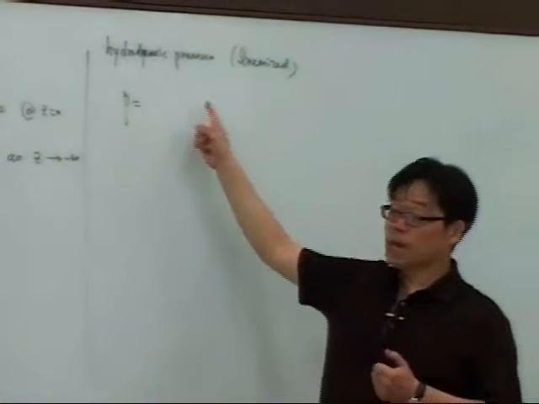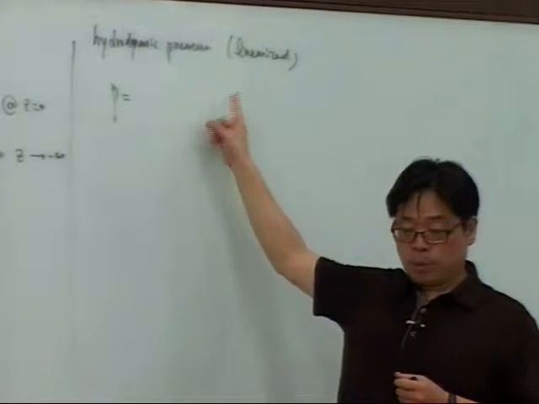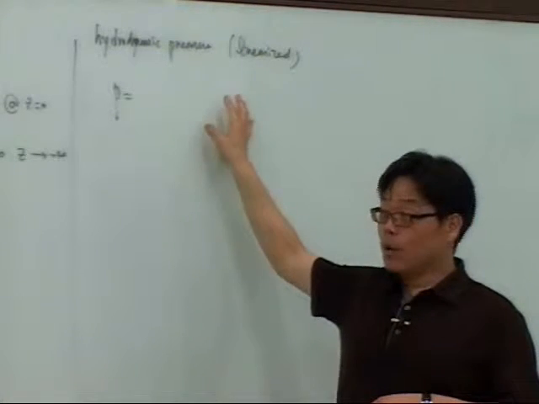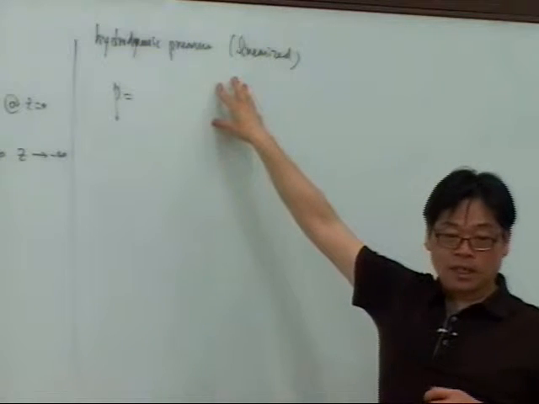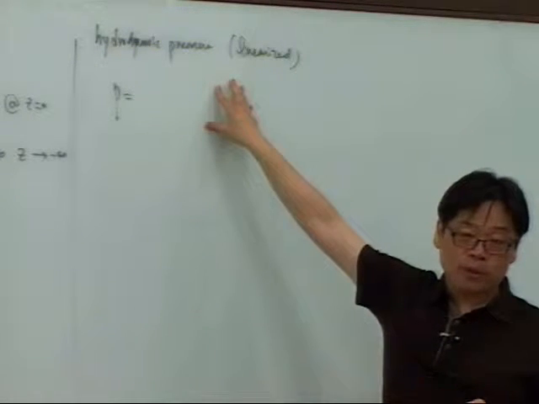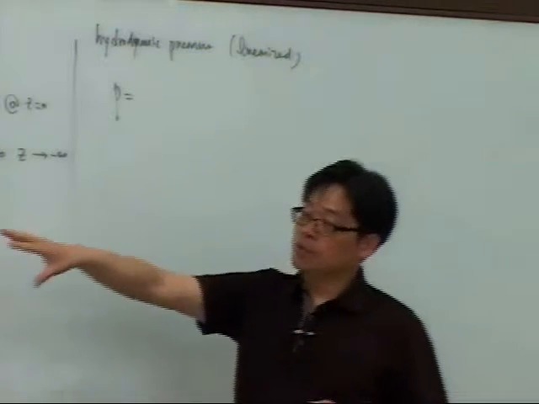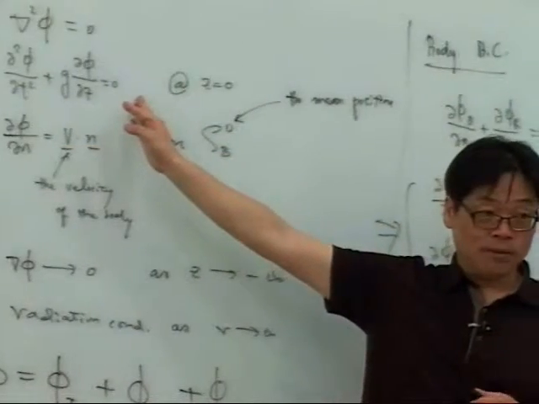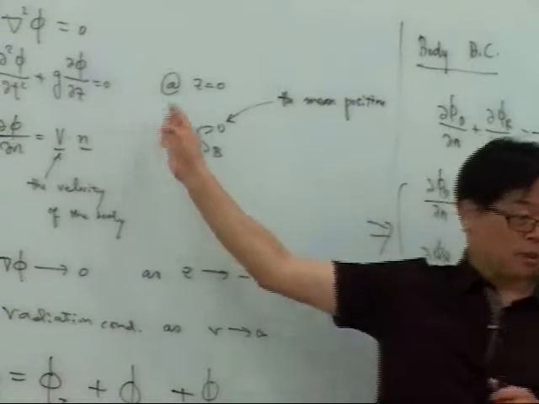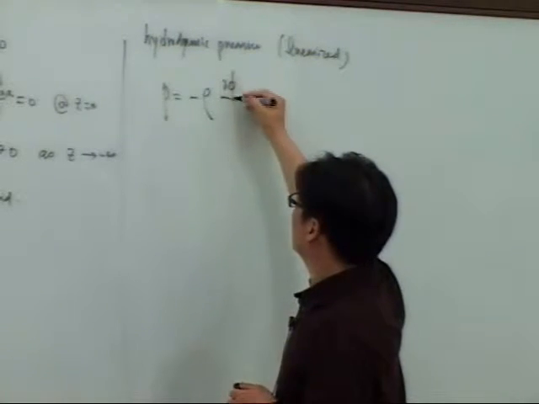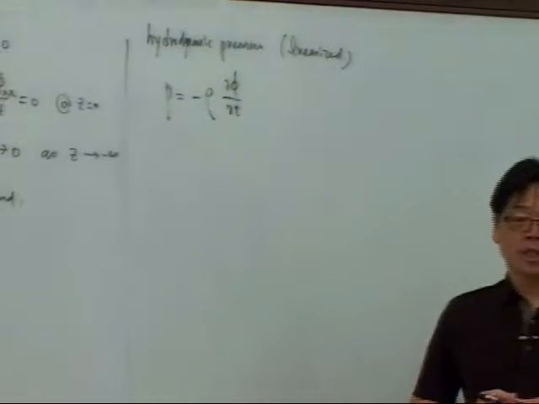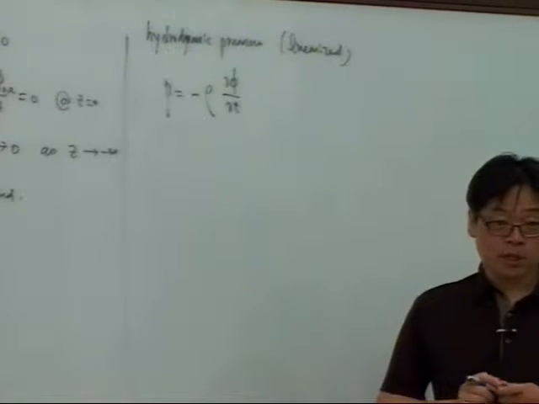Sometimes people compute the nonlinear pressure as well, but that is not quite consistent with the original assumption. If you want to include the nonlinear pressure, then you have to solve the nonlinear boundary value problem. Here we already linearize the problem because we're using the linear free surface boundary condition, and therefore, to be consistent, we have to use just the linear representation of hydrodynamic pressure, okay?